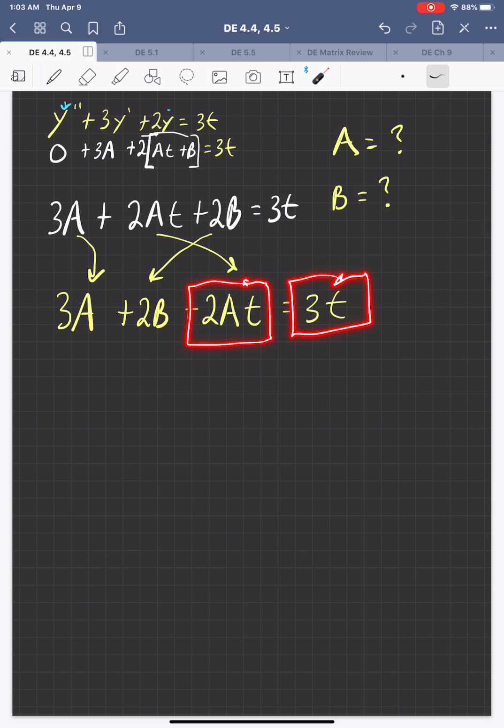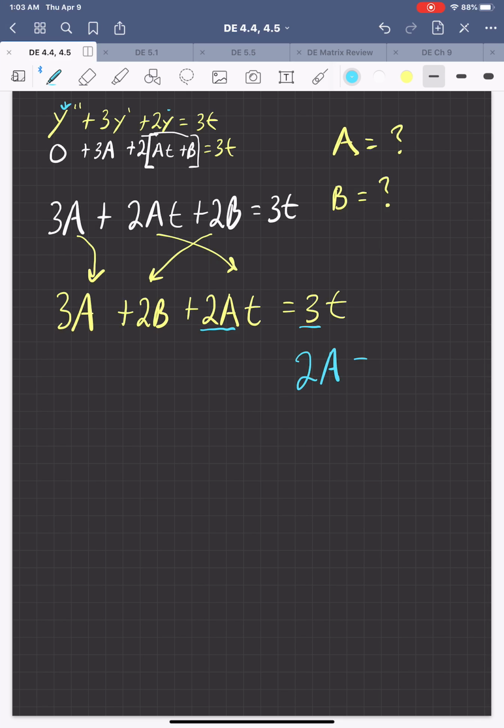All right, well then I'm going to take 2a and set it equal to 3. Then I'm going to solve for a. Ready? Let's do that now. So I'm going to take 2a and set that equal to 3. All right, well, beautiful. That means a must equal 3/2.